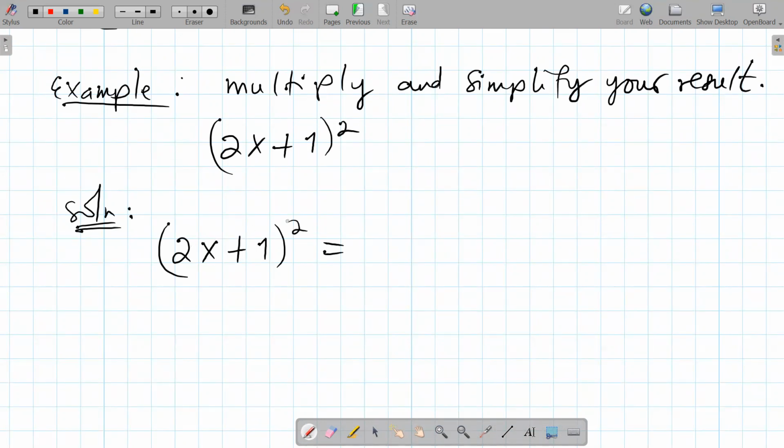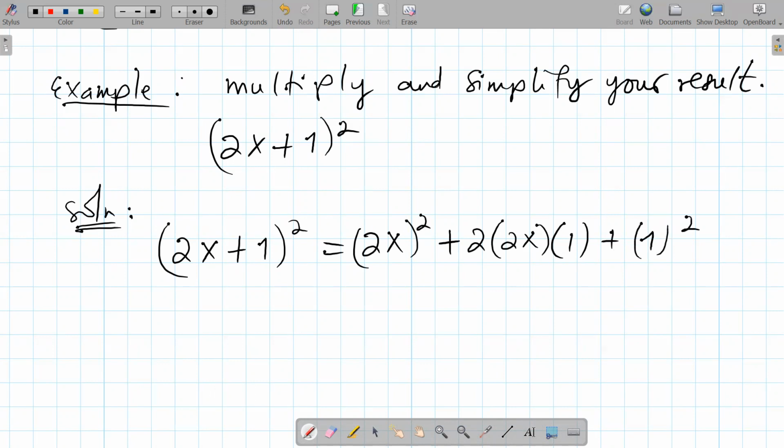The first term has to square, so 2x has to square. There should be a middle term that will be these two here, multiplying the first term and the last term. Then finally, the last term also squares.